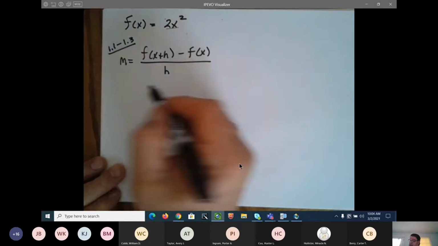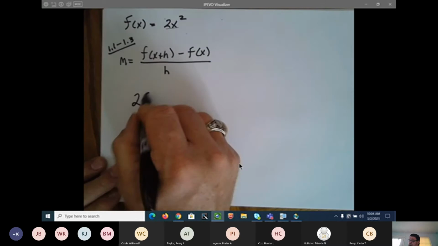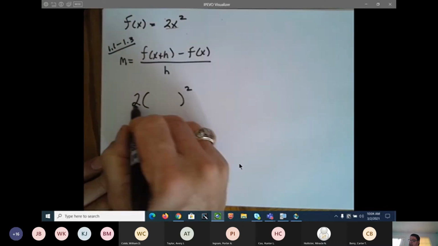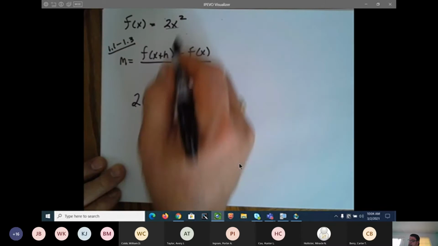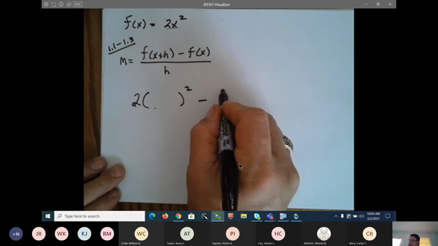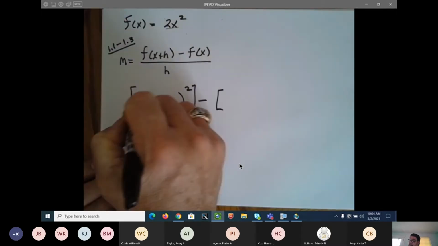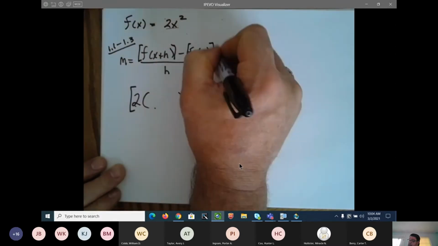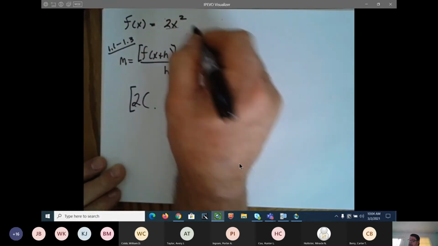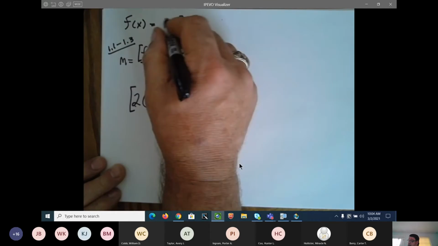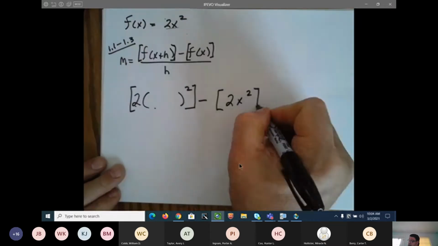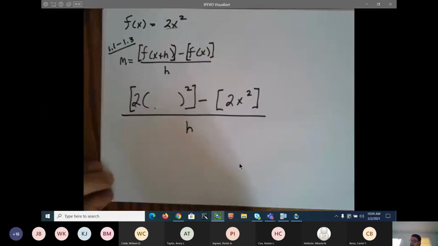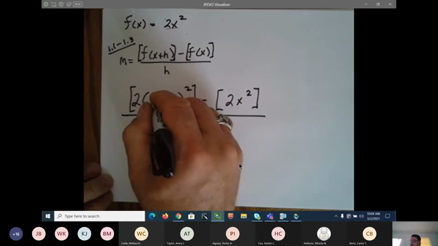So 2 times (x plus h) squared, that's 2 times x squared plus 2xh plus h squared, minus, and there's brackets there, f of x, which is 2x squared, all over h. We're always going to plug in an x plus h here.